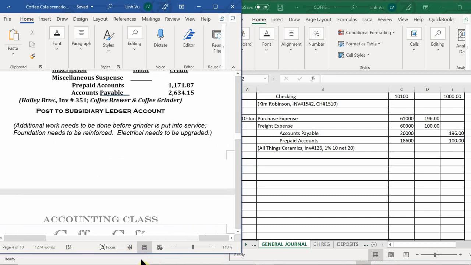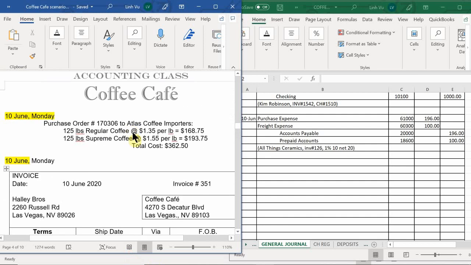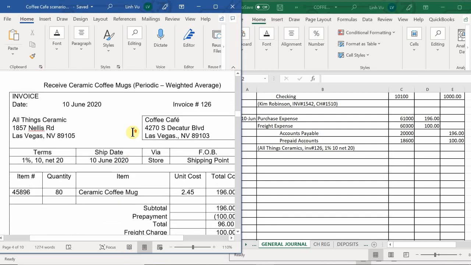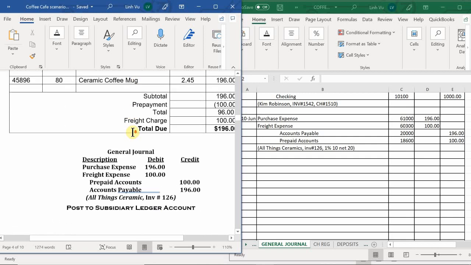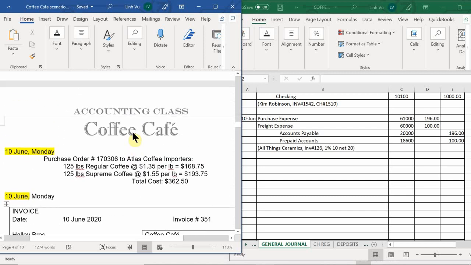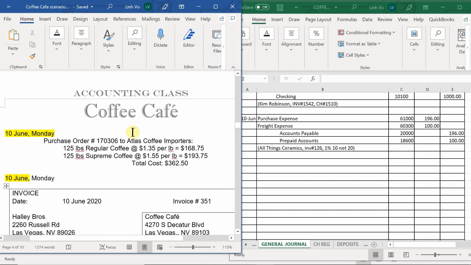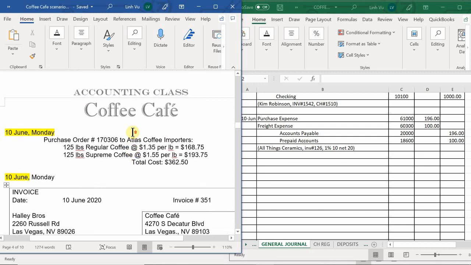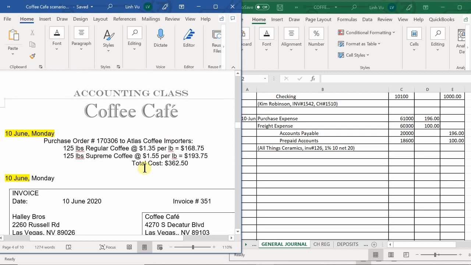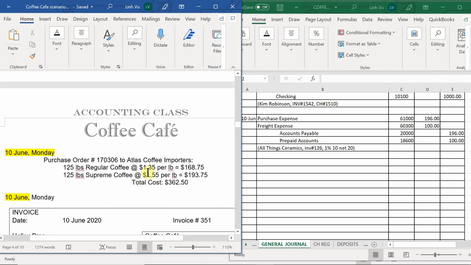This is page 4 of week 2. Okay, so this is right after we just received our periodic coffee mugs. So it's the page right after that, the top of page 4. Invoice 300 and something? Purchase 125 pounds. Regular coffee. Oh, this. I get it. Okay.